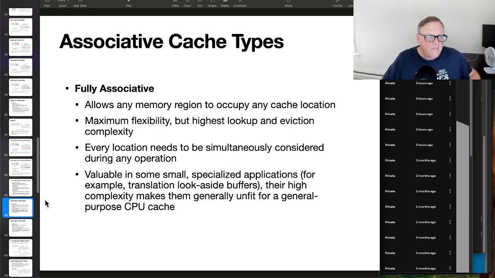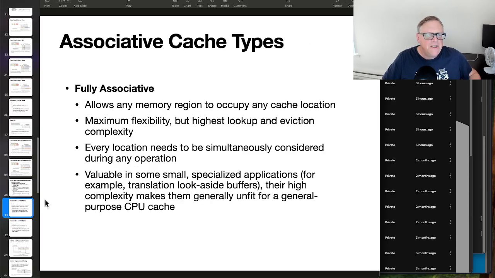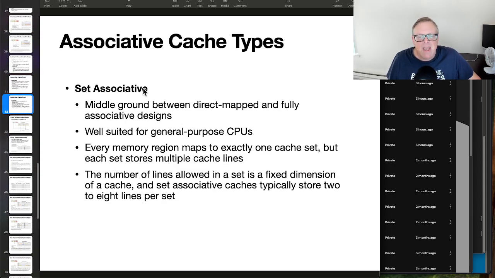All right, and that's the fully associative memory. So this might be useful for some specialized things, but in general, this is too inefficient for use in a general purpose CPU. So what you typically have is the set associative one. This is a middle ground. Every memory region maps to one cache set, but each set stores multiple lines, so we have more chance to store more data there.